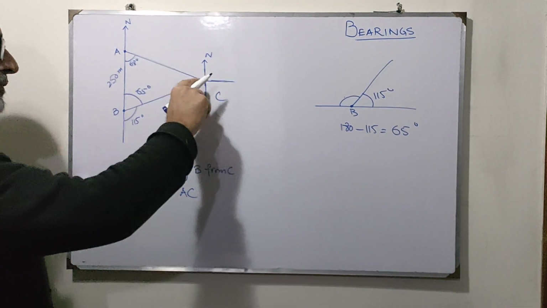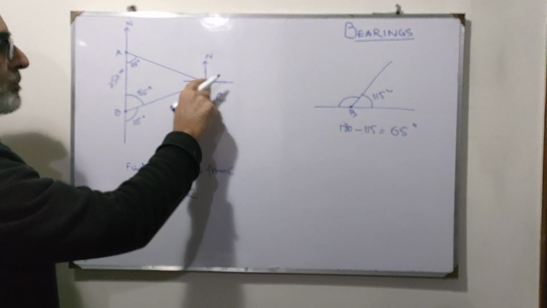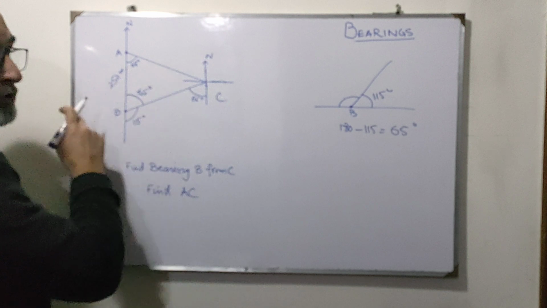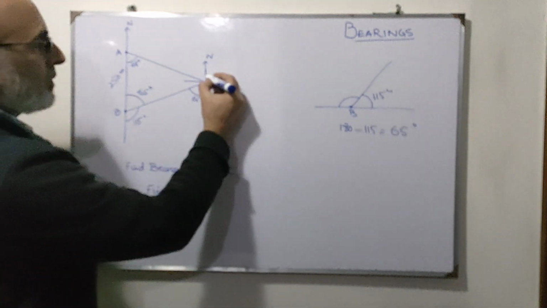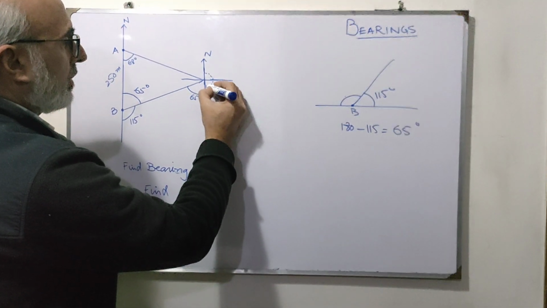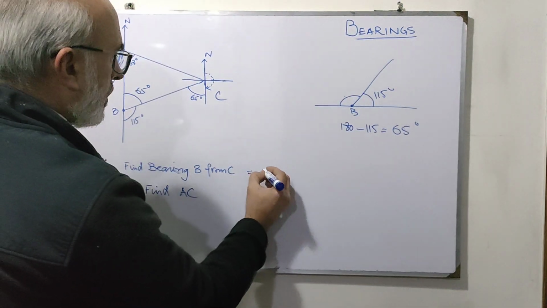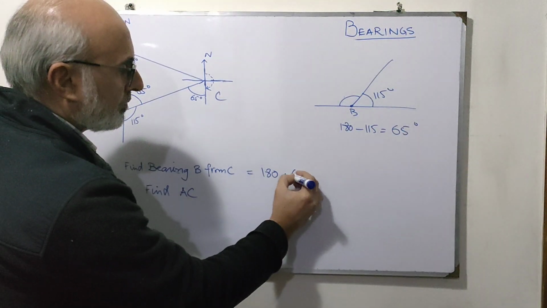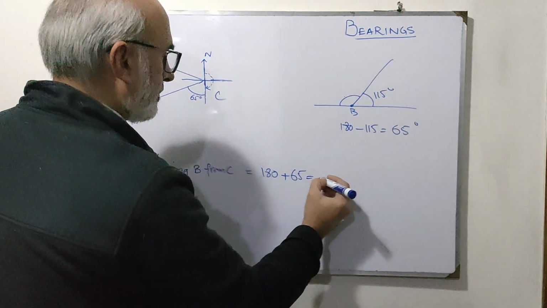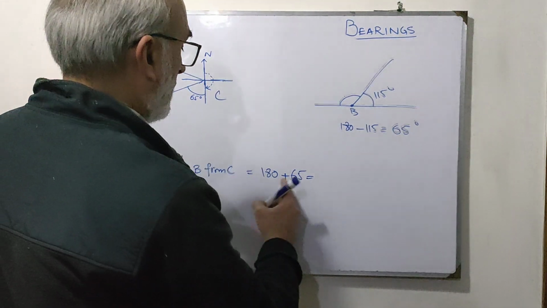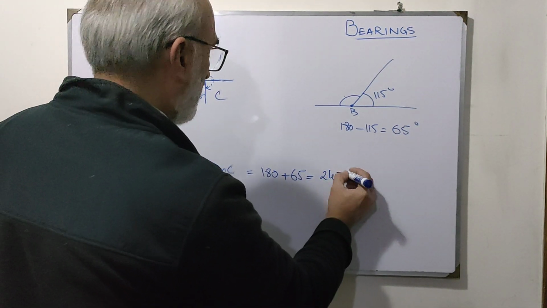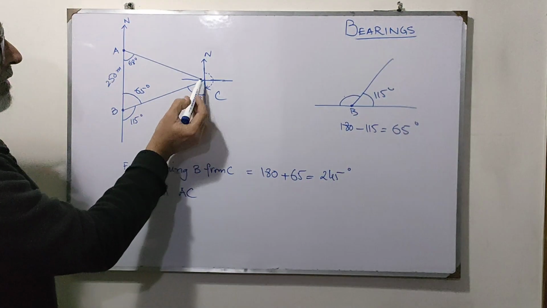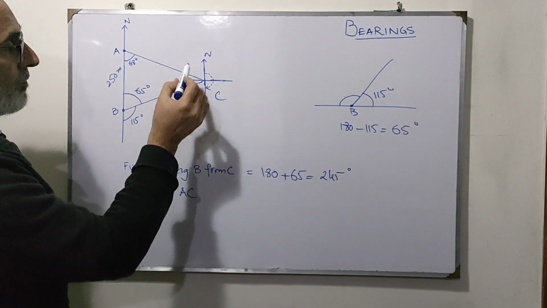Now since we are trying to calculate the bearing of B from C, so C to B, starting from north it is 180, and then from here to here it's 65, so it will be 245 degrees.